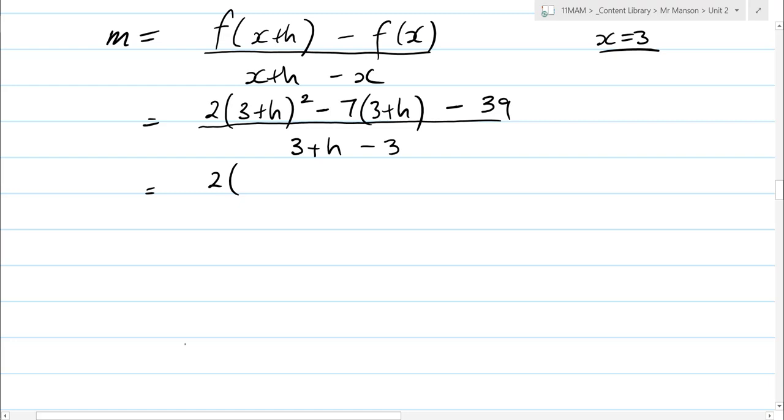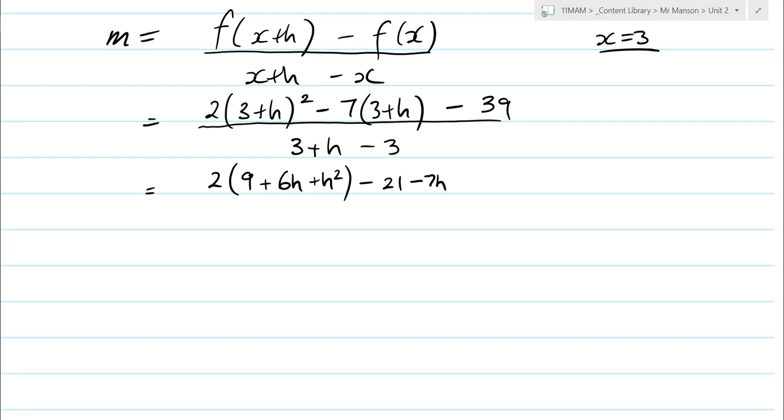It'd be really handy for you to be able to expand binomials quite quickly. 3 plus h squared becomes 3 squared, which is 9, plus 2 times 3 times h, which is 6h, plus h squared. So we went through those easy expansions, practiced them. Some of them I think are on your formula sheet as well. Minus 21 minus 7h. The negative 7 carries through to both of these things, so it's negative 7 times 3 and negative 7 times h.